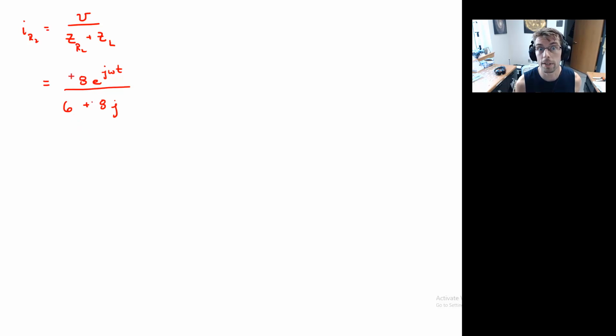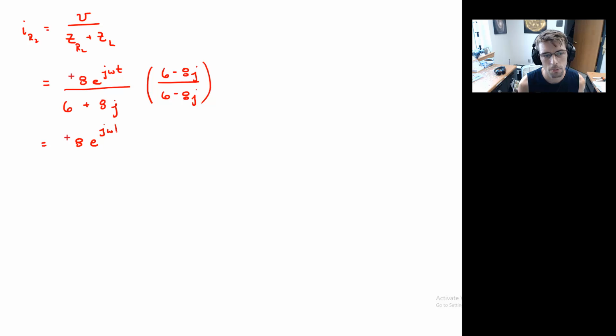And so again, what we need to do is multiply both top and bottom by the complex conjugate. And what we end up with, we have our negative 8 still floating out around front, j omega t, 6 minus 8j, all over 100. And again, we're home free.